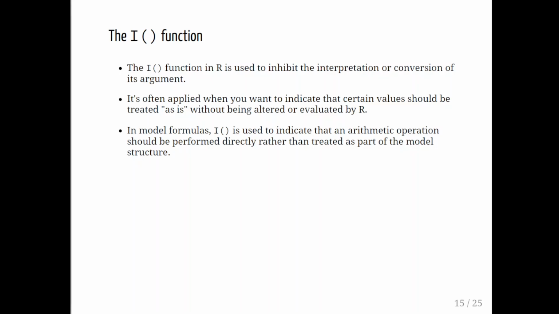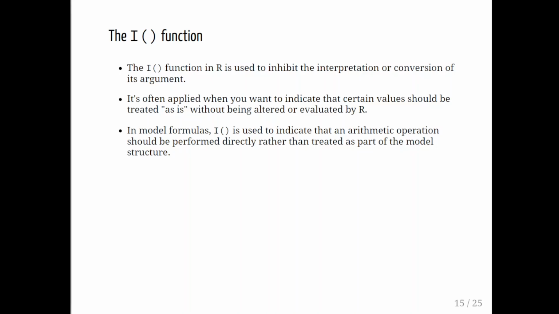Just before I continue, this is an important function to know when you're going to be working with polynomial or quadratic terms in regression. The I function in R is used to inhibit the interpretation or conversion of its argument.